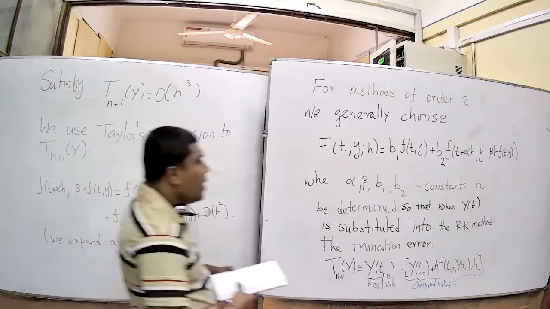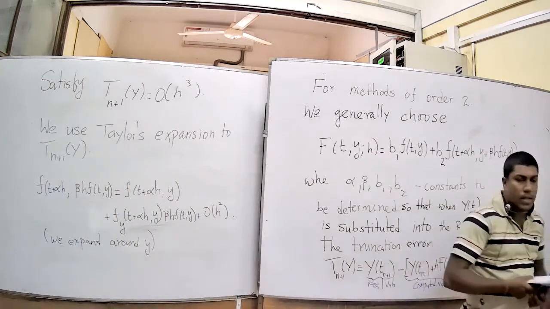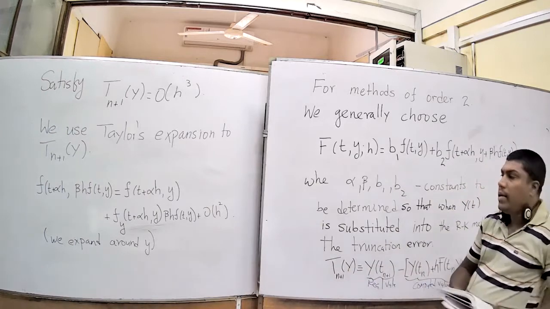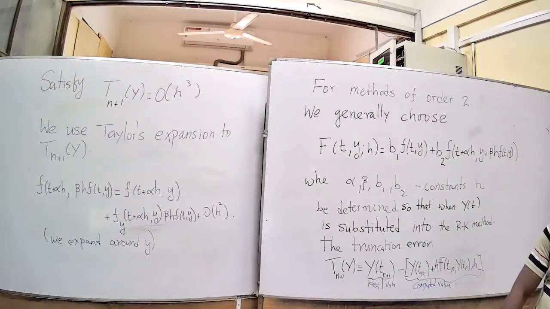Okay, so we first see how we can do the Taylor's expansion for this second function, small f. If we expand around y and stop after the second order approximation, then according to the Taylor's expansion around y, it is f of this, and then f prime of that times beta h f_y, and then the rest is order of h squared, because then it is h squared over 2 factorial, then h cubed over 3 factorial, and so on.